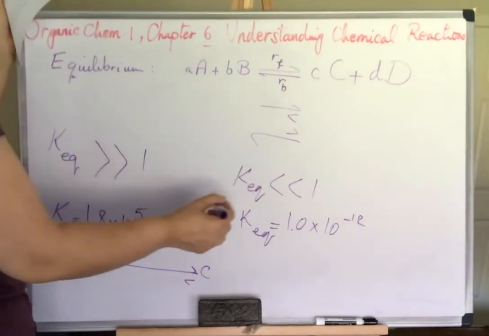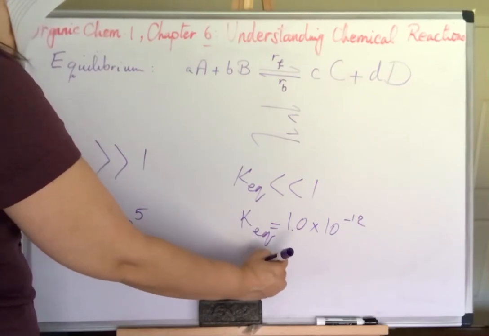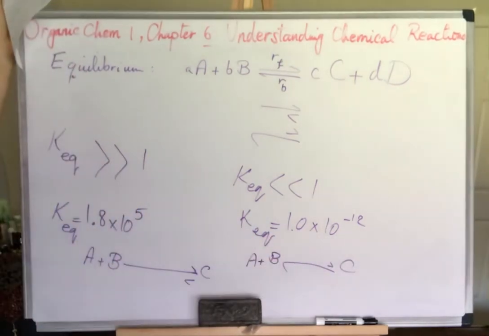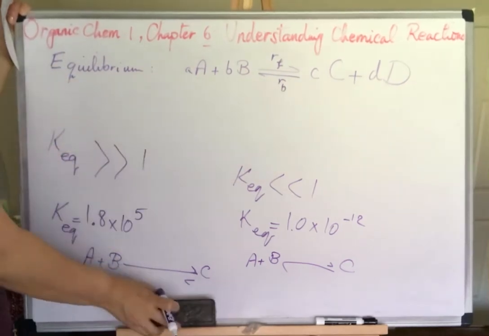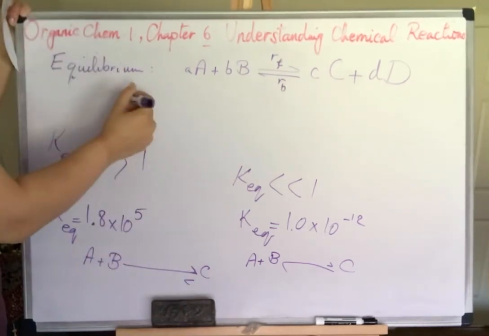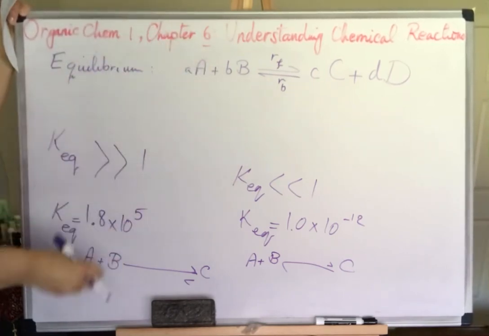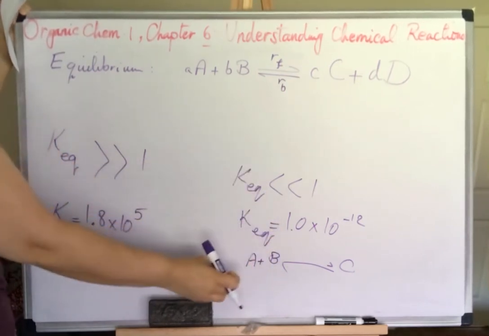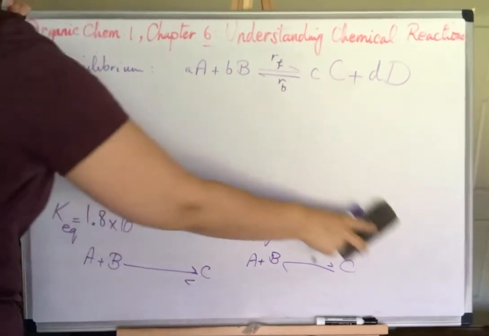It's a very small K equilibrium, means that when you have A plus B, just a little part goes towards C and most of it goes back towards A and B. And it is obvious here because K equilibrium is products over the reactants. When the top of the reaction is higher, then the K equilibrium is higher. When the top is small, the bottom is higher, then K equilibrium is low. It's just a mathematical relationship.